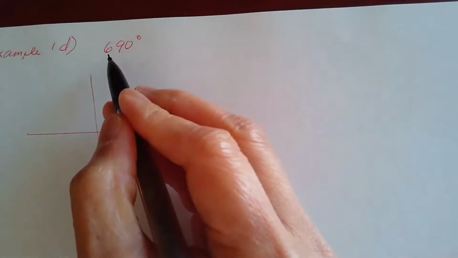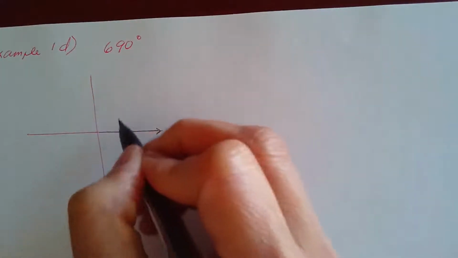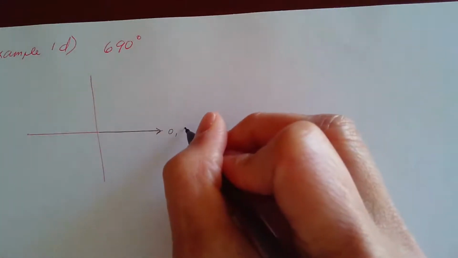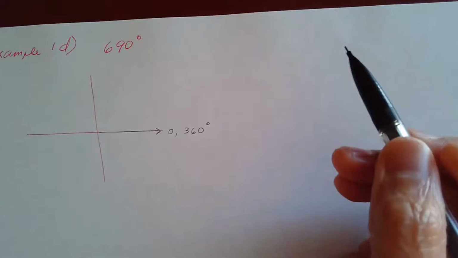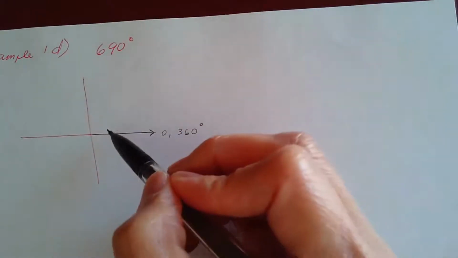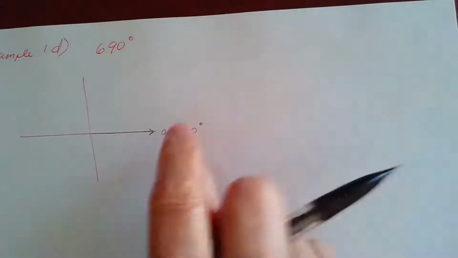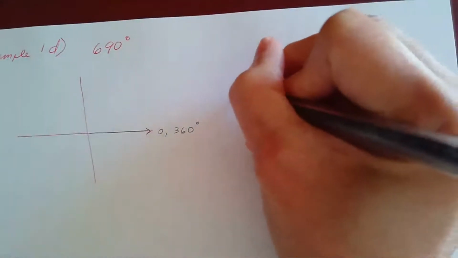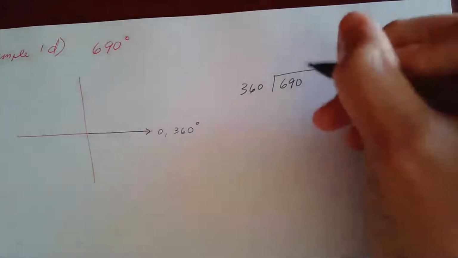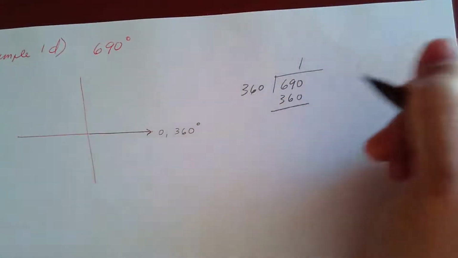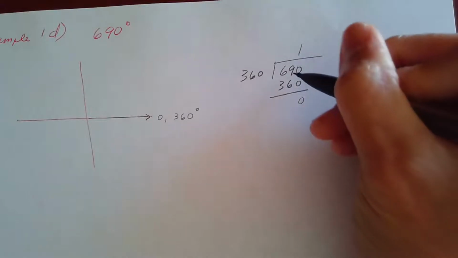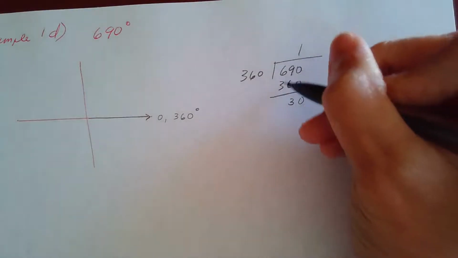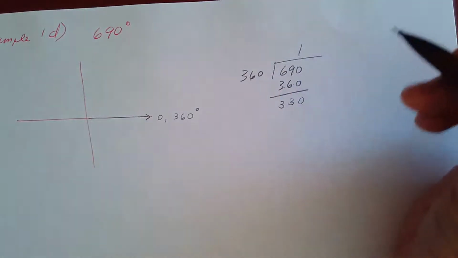690 degrees is going to be a positive angle, so we're going to go counterclockwise. So this is 0, and if I turn it around, that's 360 degrees. And then how many more do I need to go? This is the strategy that I showed you at the beginning of lesson 1. I can divide 690 degrees by 360. That's going to be 1, with a remainder of 330.